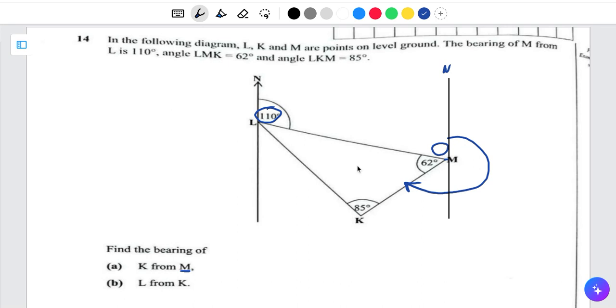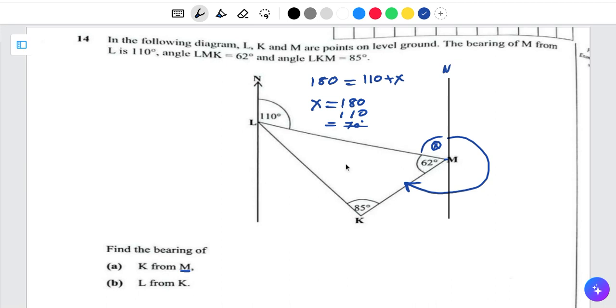The reason why we are finding that angle is because we are finding the bearing starting from this point here up to this point, meaning the entire part here we need to exclude, it is not part of our angle. So now that we know this is 70, this is 62, we can just say 70 plus 62, then we subtract it from 360, because we know that a complete circle adds up to 360.